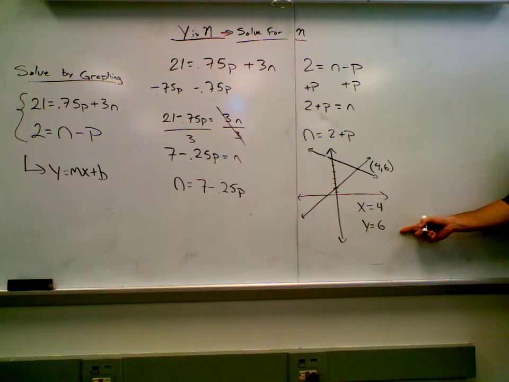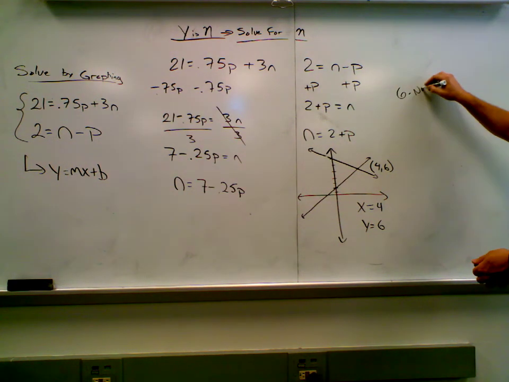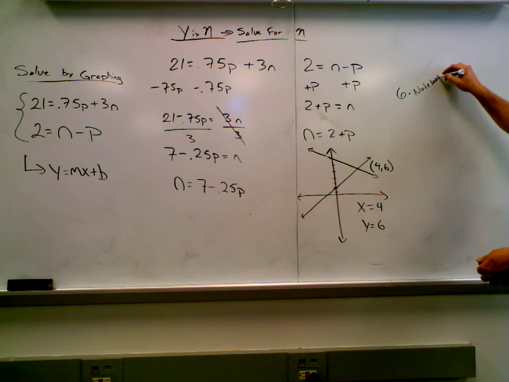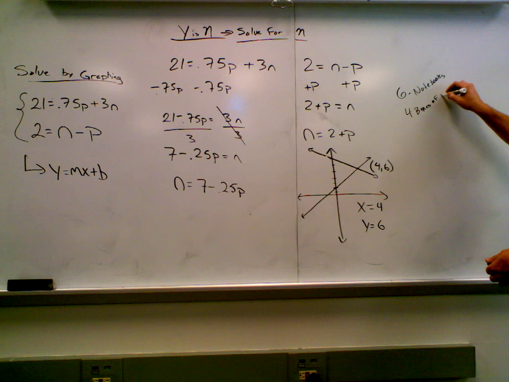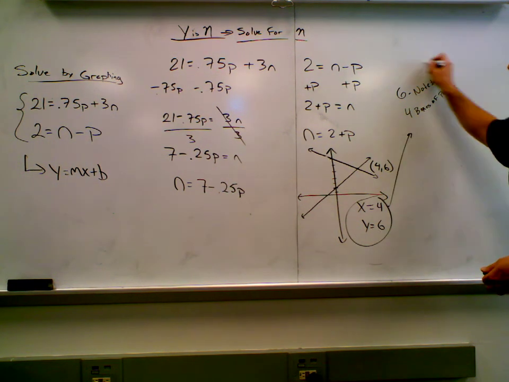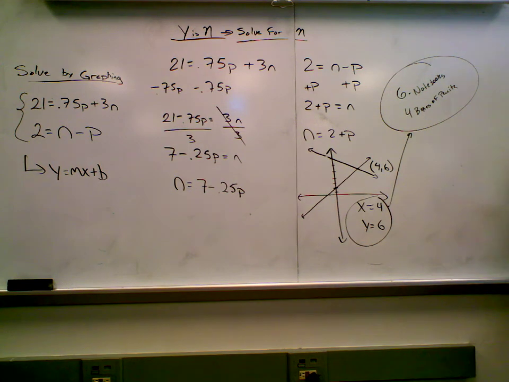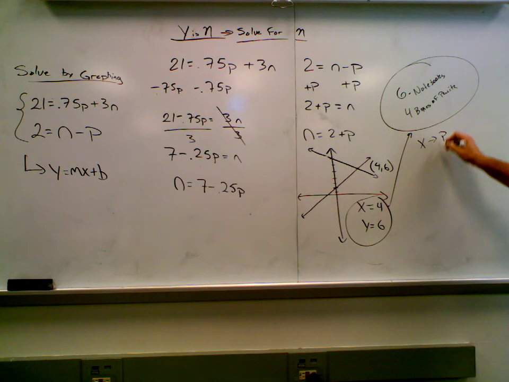N or P? N. So this means we need 6 notebooks and 4 boxes of pencils. Okay? That's what this means. And that right there is our solution. Because x is P and y is N.